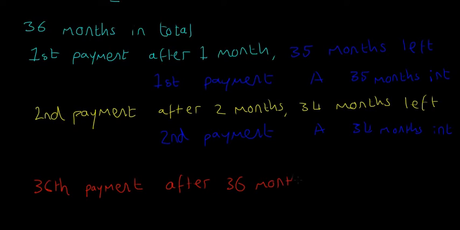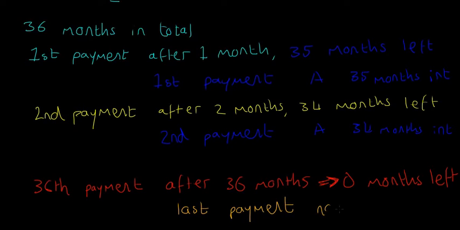That means that there are going to be 0 months left. Okay, so that means on the last payment, no interest. So last payment, no interest. And the reason for that is that it's not in the bank at all.